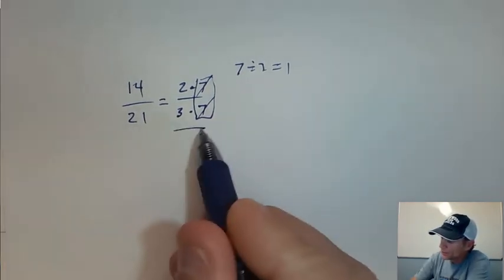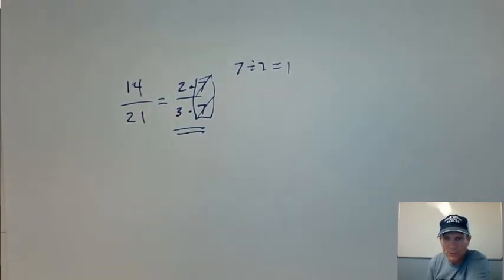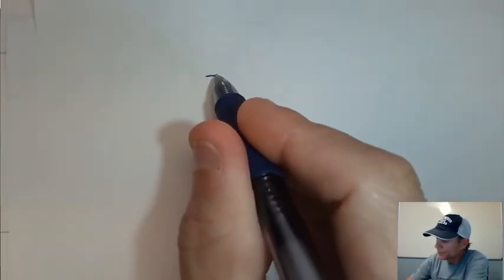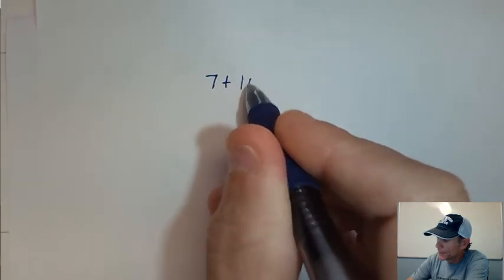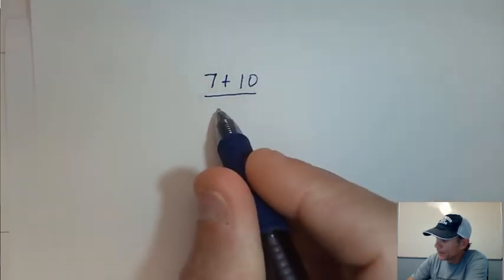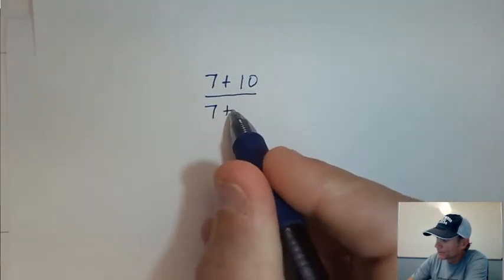This process is what we need to remember when we're working with rational expressions: we're going to need to factor things and be able to cancel them. This idea doesn't work if you take a look at 7 plus 10 over 7 plus 5.